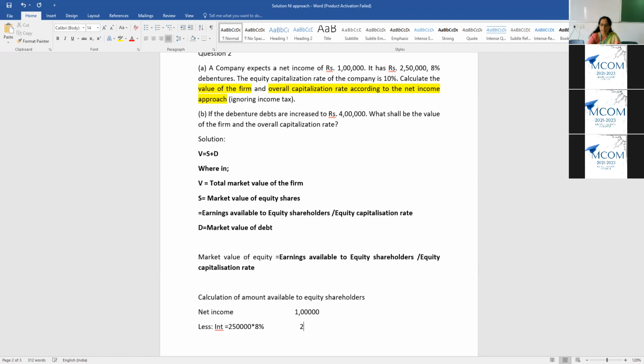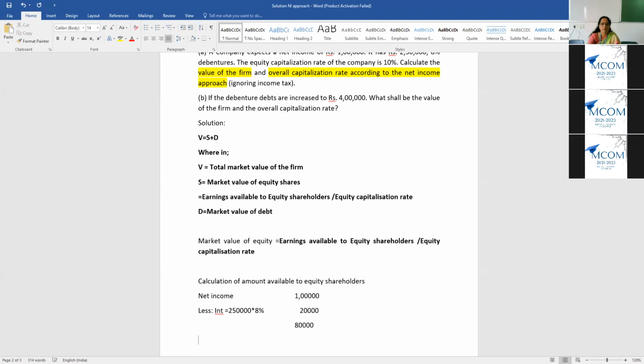So 1 lakh minus 20,000 will give you 80,000.